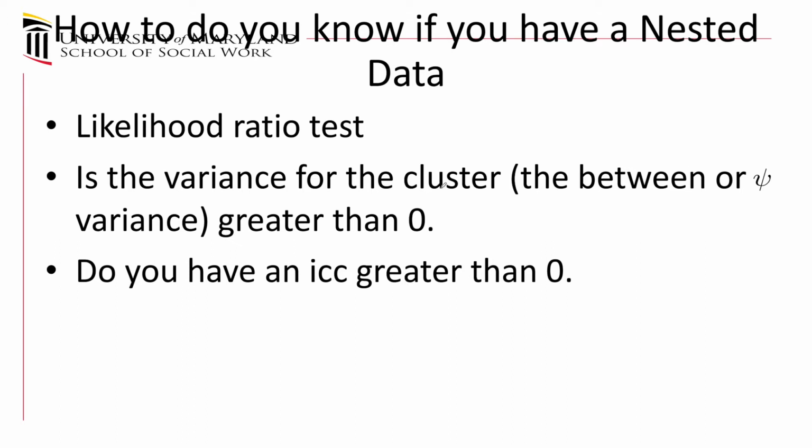So if we want to know whether we have nested data or not, we can use a variety of tools. We can use a likelihood ratio test to test whether the inclusion of a nesting factor statistically improves the model. That's when we use maximum likelihood as an estimator.